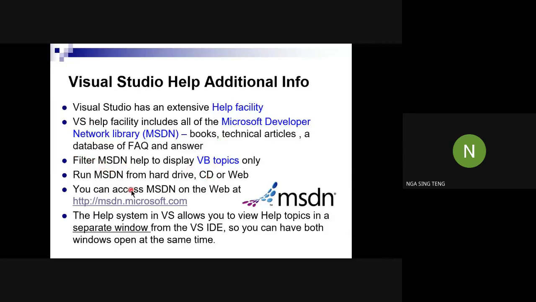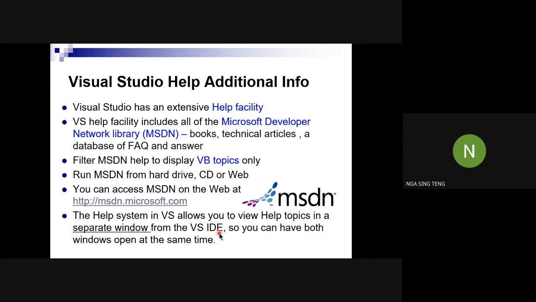MSDN covers the MSDN CD or the web, normally the web. You can simply Google it. You can access it at msdn.microsoft.com. It really belongs to Microsoft. Okay. The help system in Visual Studio allows you to view the help topic in separate windows from the VS IDE.